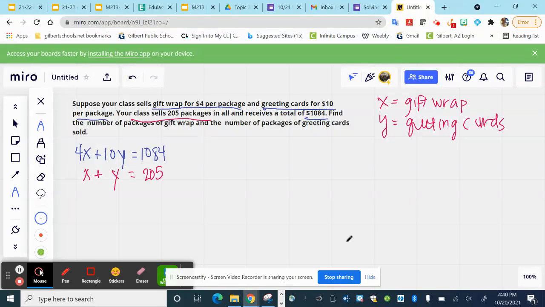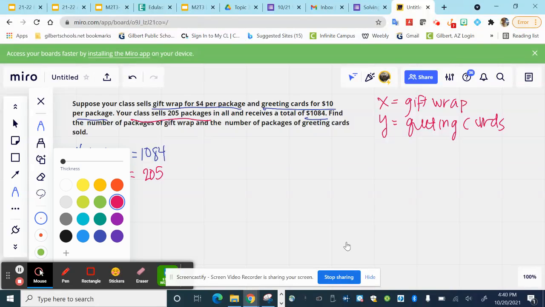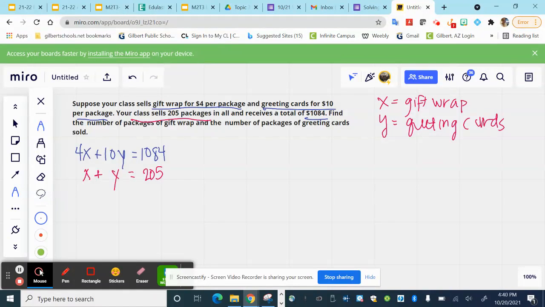The easiest one to multiply is, we'll go with x. It doesn't ultimately matter which one, but we'll go ahead with x. Now, if I want to get rid of x, I need it to be the opposite of the other equation. So if I have a positive 4 on top, I need to have a negative 4 right here.